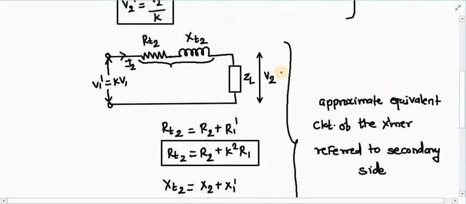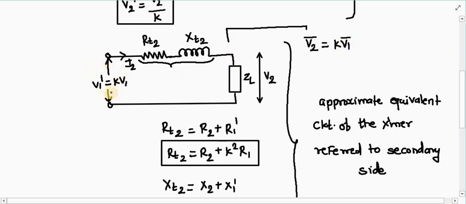What is V2? V2 is this. So V2 is nothing but the vector sum of your V1 dash and the impedance drop. So I have written here what I can write down from this equivalent circuit. I can write down my V2, the output voltage or the terminal voltage, is nothing but the vector sum of KV1. What is KV1?